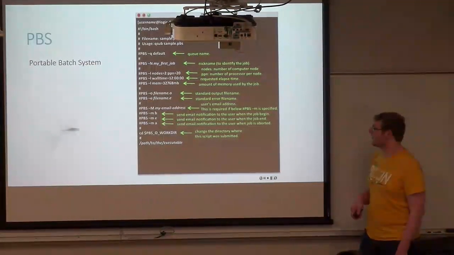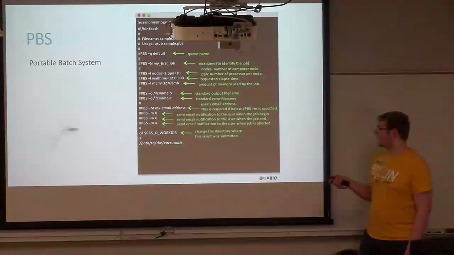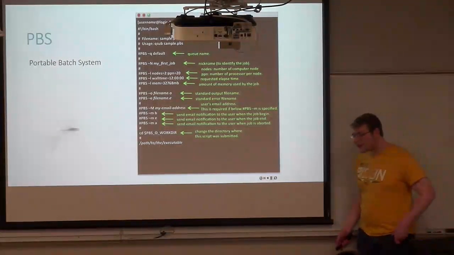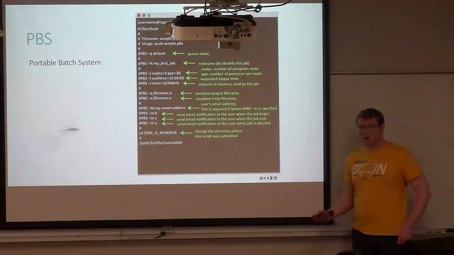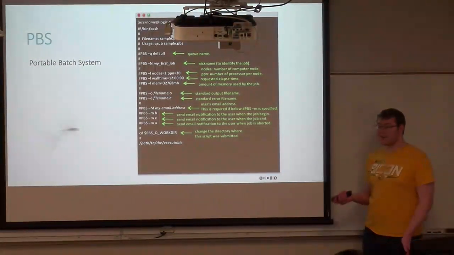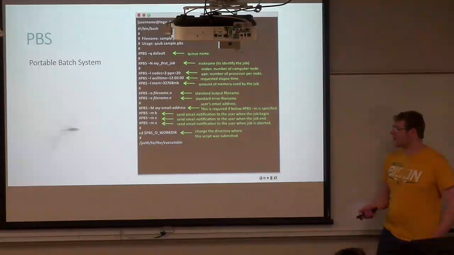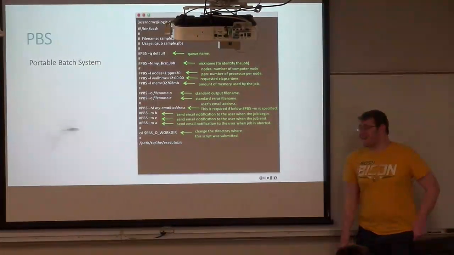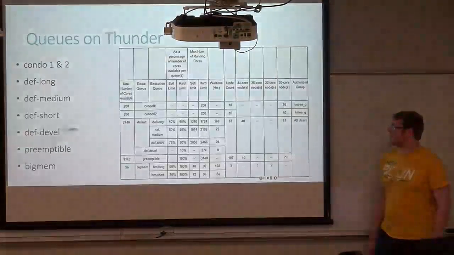That's not listed on here. But the important part is the path to the executable, which is important because you're running VASP, and the system needs to know that you want to run VASP. Unfortunately, I don't actually know the path to the executable. So that's some important information I don't have.